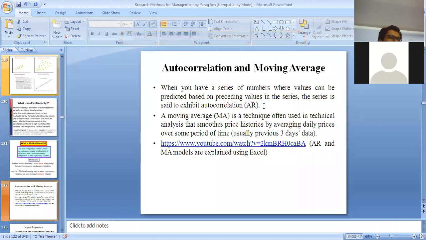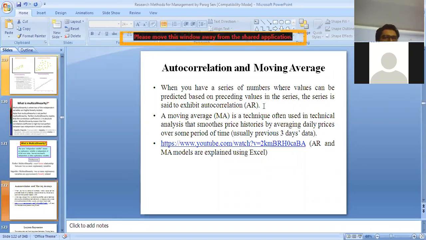Now when the data is regressed by its own previous data, then we say that it exhibits the phenomenon of autocorrelation.